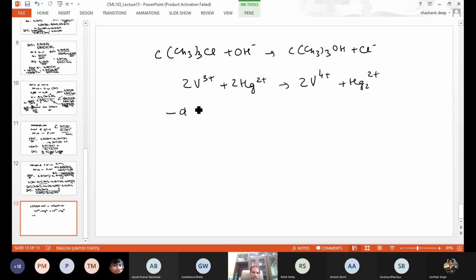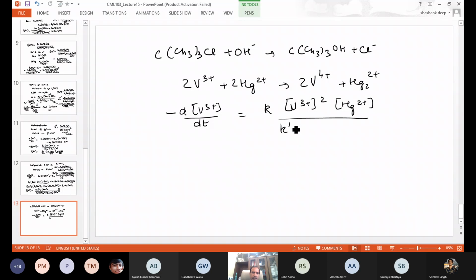Okay, and then the rate of reaction, d[product]/dt, is equal to K [V3 plus] squared [Hg2 plus] by K dash [V4 plus] plus [V3 plus]. Then tell me one mechanism.